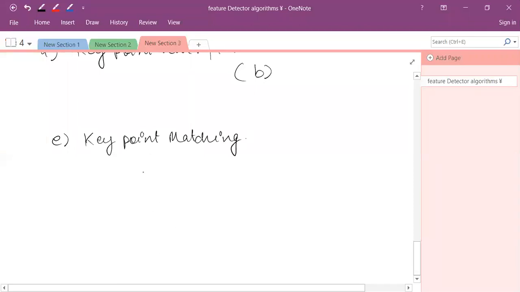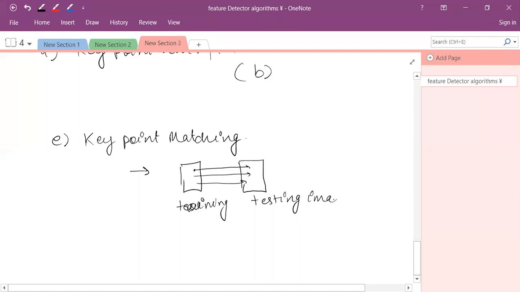In the key point matching, for matching you have to use the key point localization and the key point descriptor, and after that, this image is called the training image, and this one is called the testing image.